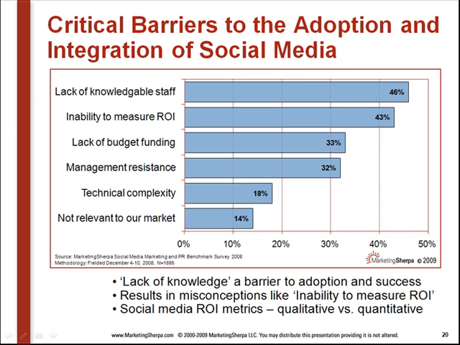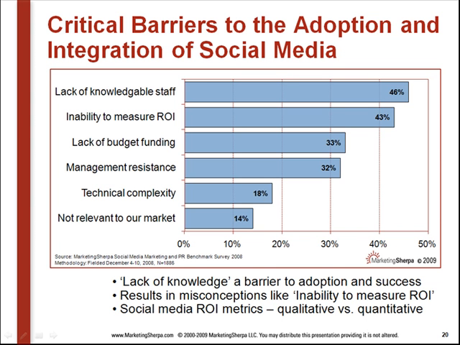They are taking experience, even if it's just the user side rather than the marketer side experience, and leveraging that. But what this lack of knowledgeable staff is causing are some misconceptions in other areas, like the second item on the list, the inability to measure ROI. Well, measuring ROI just depends on how you look at it. In social media, it's a little different.